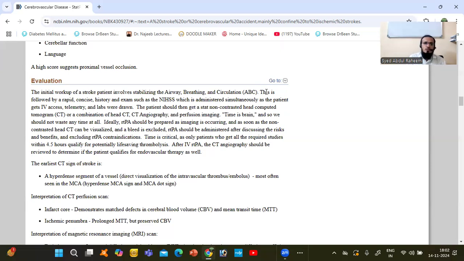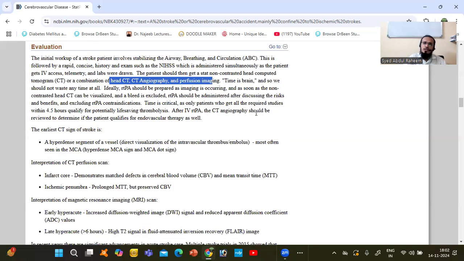Okay. So first, CT scan is very important. Head CT, then sometimes CT angiography. Because we need to treat the brain very rapidly. Afterwards, if there is no proper sign in the CT, you have to go to the MRI also.